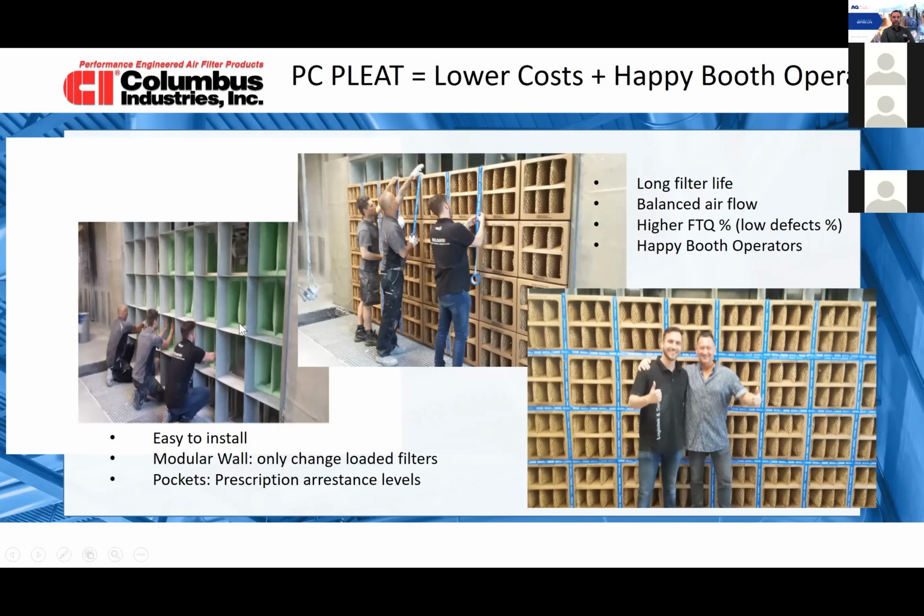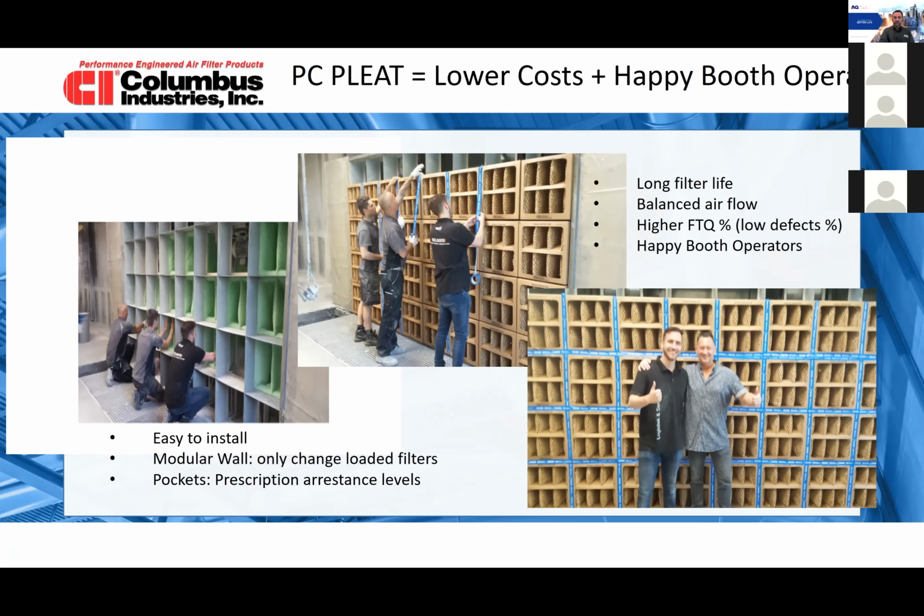An example of the use of this combination. This is an aeronautical components manufacturer in Germany. They have a side booth, an open face booth where they make some composite parts and paint them. As you can see, they install the pocket first.